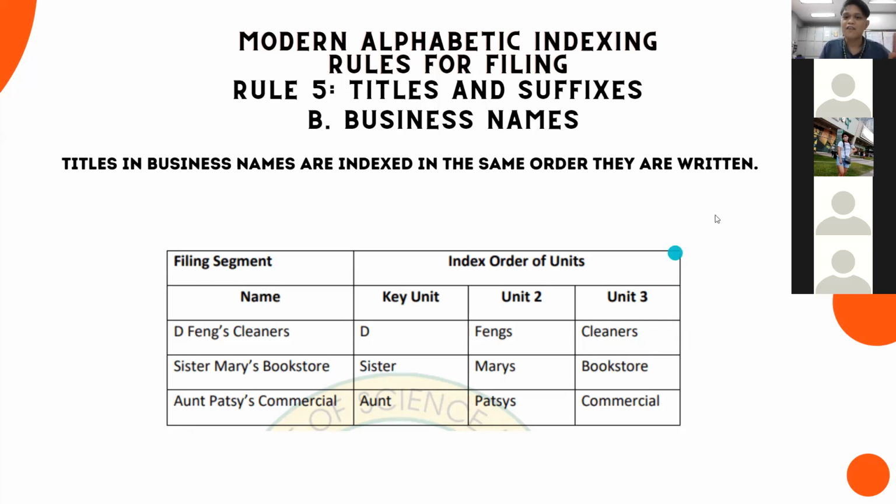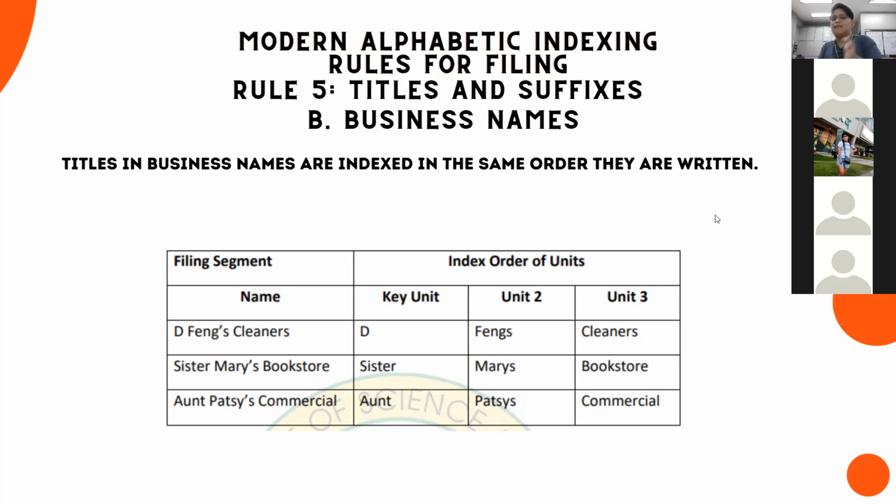The key unit is Dee's, Sister, and Aunt. For the filing units, remove the punctuation and special symbols. Then you simply write Dee's, Mary's, and Patsy's, and then the third word: cleaners, bookstore, commercial. If there are 4, 5, 6, or 7 words, you just create unit 3, unit 4, unit 5, unit 6, unit 7.